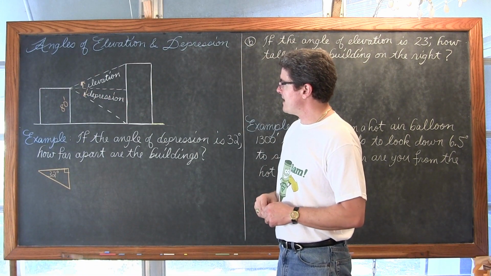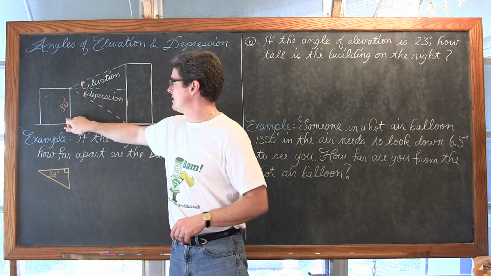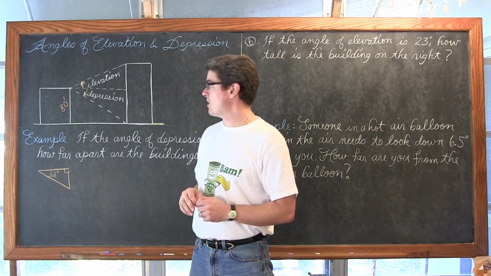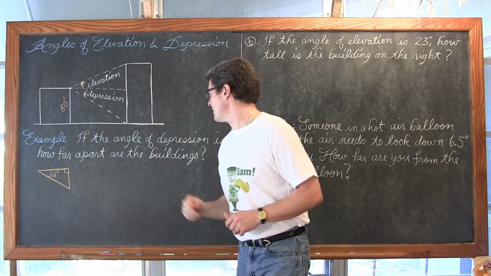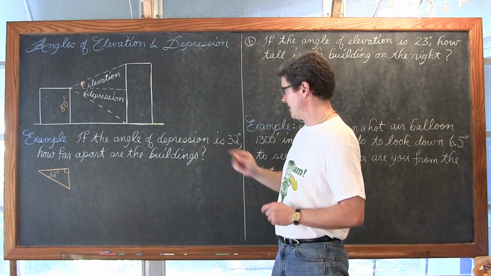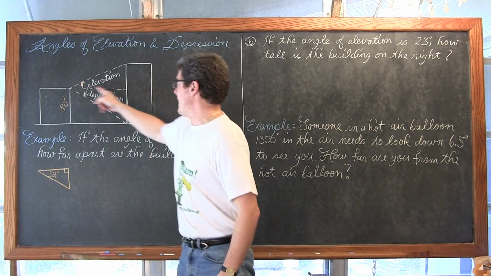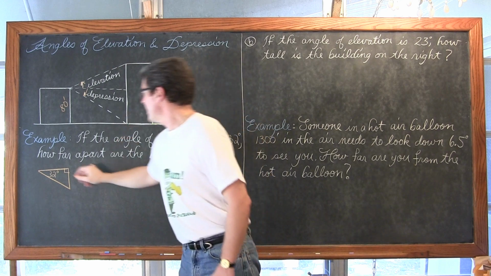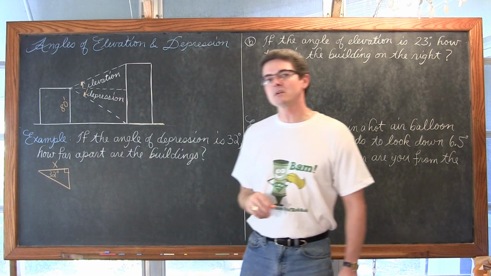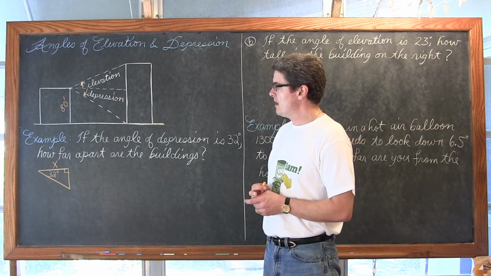We know that this building here is 80 feet across. Now, I've got an angle of depression. I'm looking over at the other building, and I want to find out how far away the other building is. Well, that means I want to find out how far apart the buildings are. So I'm looking at that horizontal line right here, and that means that this length here is going to be our unknown value of x.